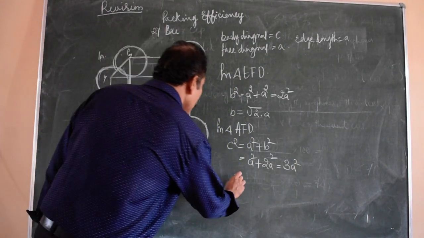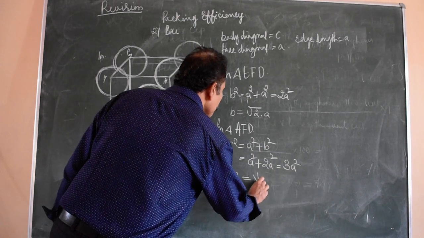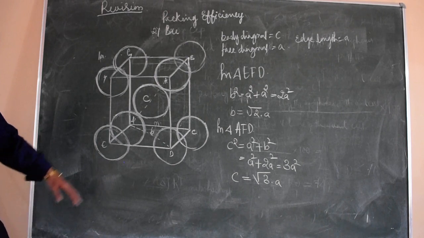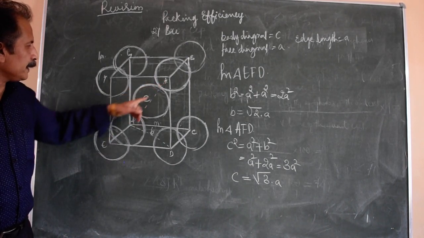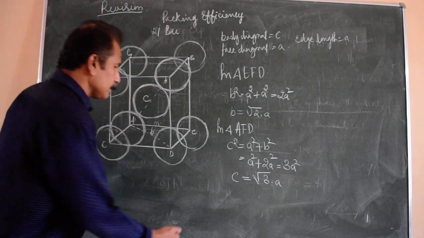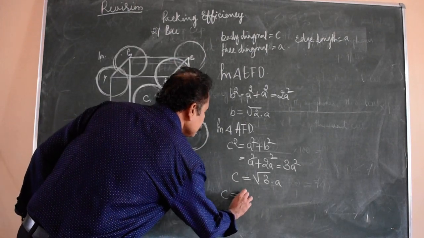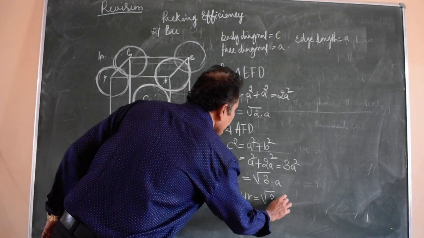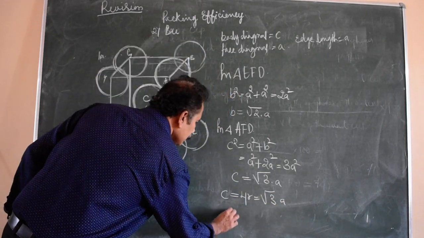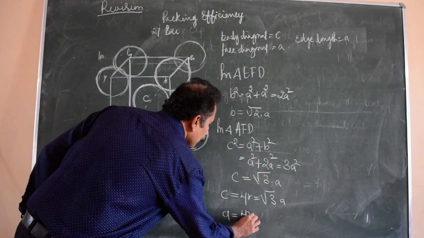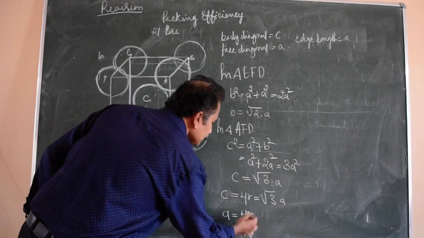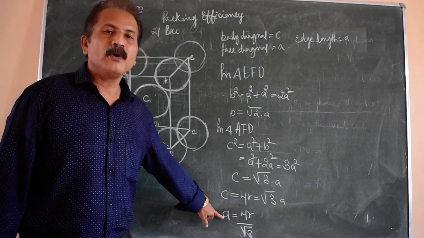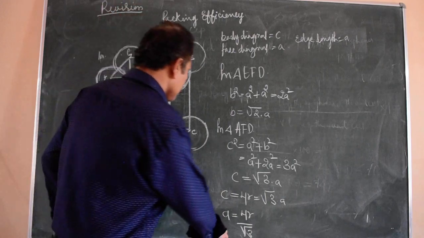Okay. So C is equal to root 3 into A. Now in BCC, the body diagonal C is equal to 4R. And that is equal to root 3 into A. So I can get A. So A is 4R by root 3. So you cube this, you get your volume of the unit cell. Right?